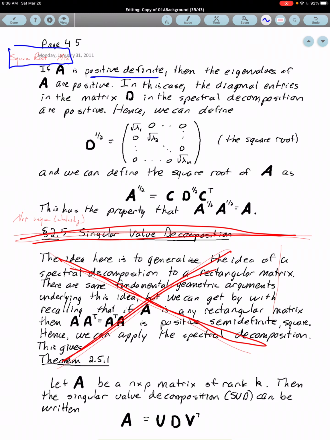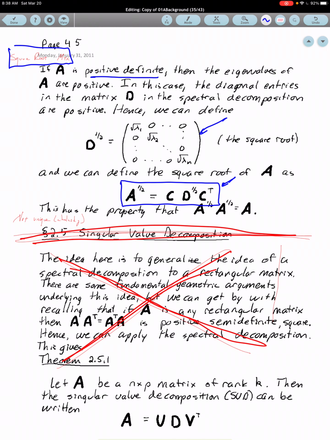And so we can create a square root matrix by factoring A. A to the 1/2 can be given by this. We said that A is equal to C D C transpose before. If I just take the square roots of all of our eigenvalues, that gives me C D to the 1/2 C transpose.